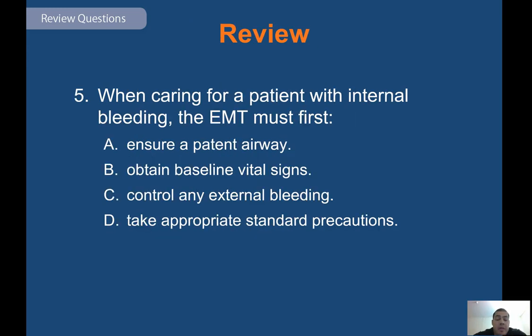So when caring for a patient with internal bleeding, the EMT must first... what is the first thing you're going to do for any patient, for any and every patient? Remember, what is the question asking for?